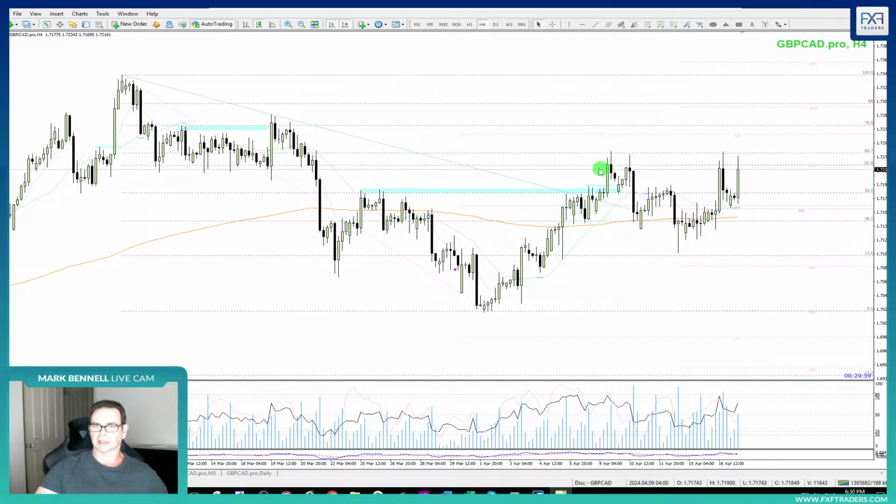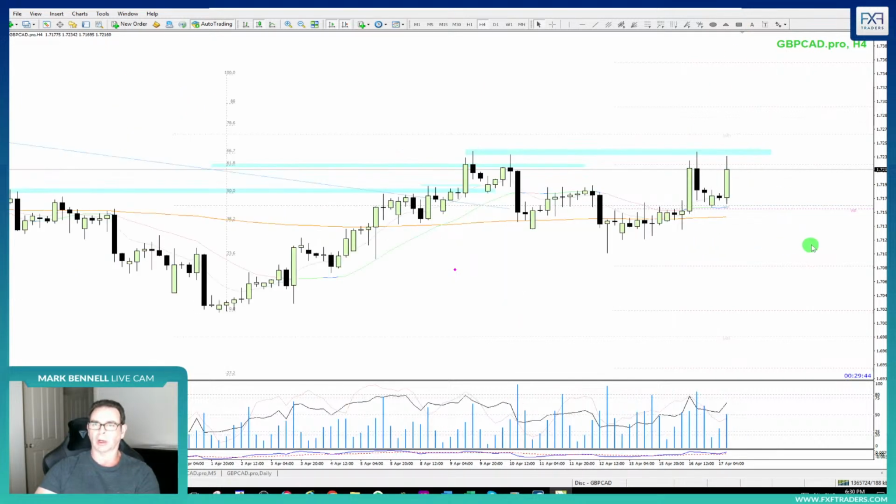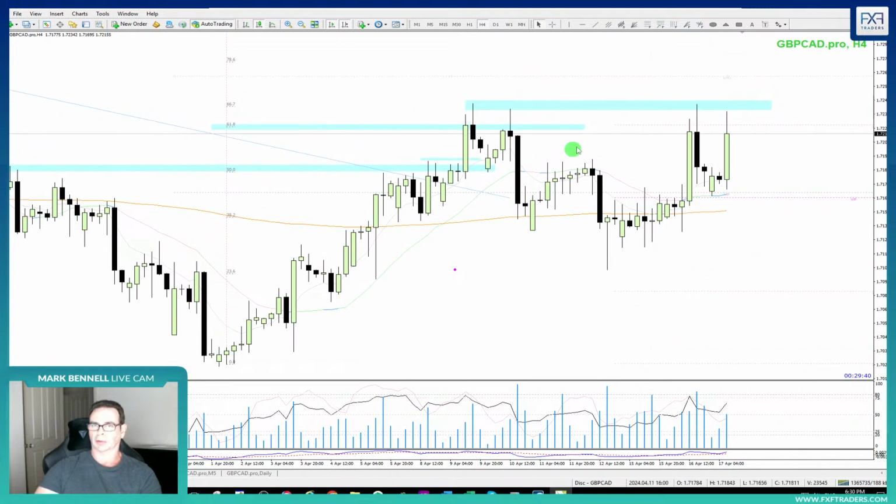All right, so there's the 61, so it's through that, which is good. So it's using that. So the wick now becomes the new high. All right, we've got the corrective through here. All right, and when it breaks, see that? Waiting for it to get in the right sort of situation, then it pops.